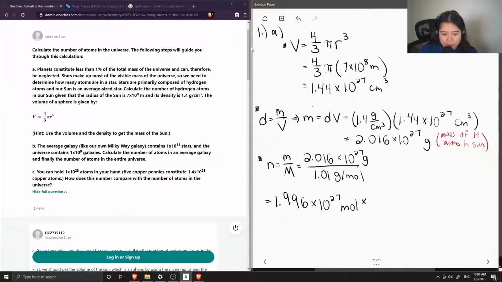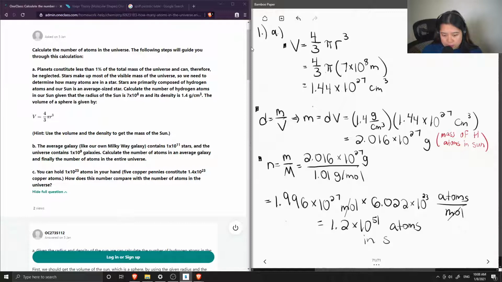So if we multiply by Avogadro's number, which is 6.022 times 10 to the 23, and this is atoms per mole, we can get the number of atoms in the sun. So we end up with 1.2 times 10 to the 51 atoms in the sun.